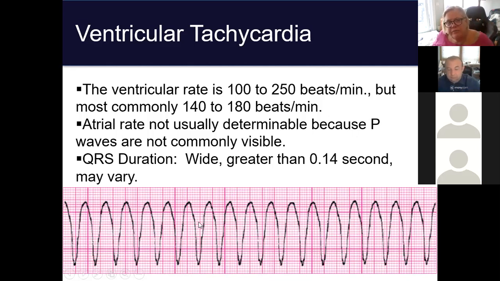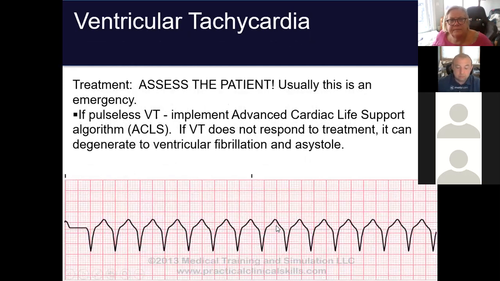It's monomorphic, one foci. All these beats look alike. Again, life-threatening, needs to be treated. Need to start CPR, medications, oxygen, and defibrillation come with VTach.